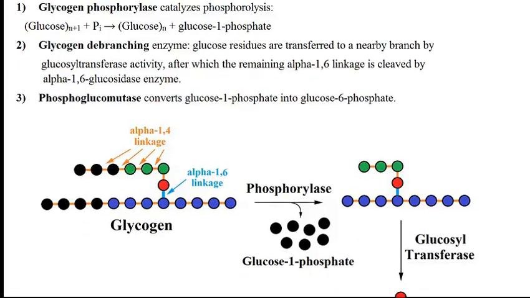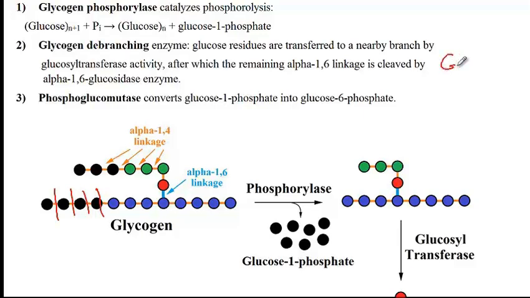So the first enzyme is glycogen phosphorylase, which catalyzes phosphorolysis of the glycogen molecule, breaking all these alpha 1,4 linkages. As it does that, glucose 1-phosphate will be released from the glycogen molecule. Now, glucose 1-phosphate is not really an intermediate of glycolysis. We will need glucose 6-phosphate.